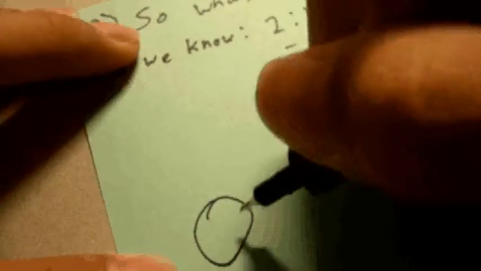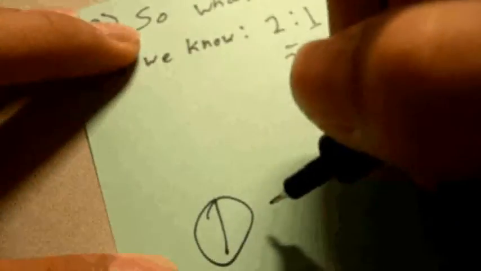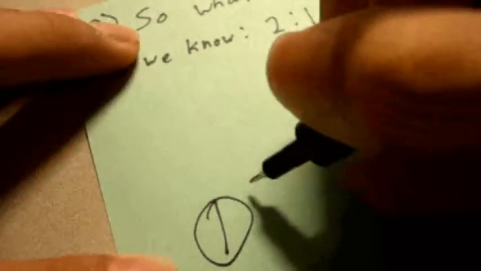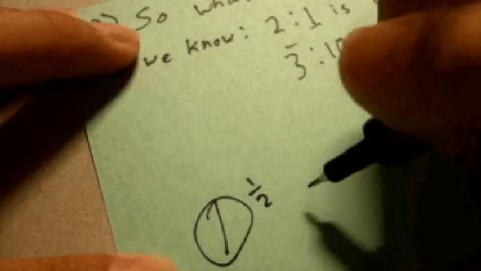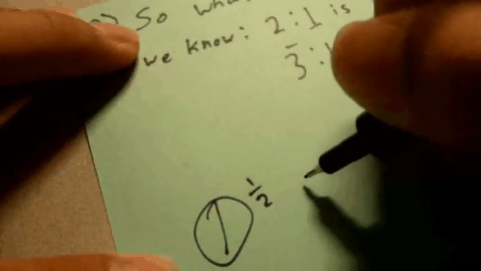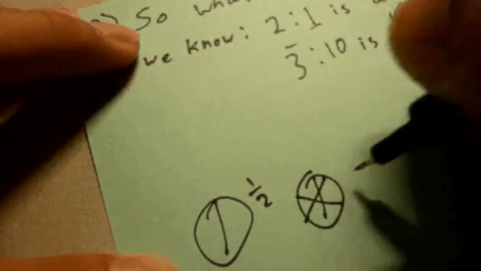Let's take it this way. We have a pizza, and half of it is eaten, so it will be 1/2. Another identical pizza of the same size, this guy ate 3/6. The pizza is the same size, but the denominator, the portions the pizza is divided into, is different.